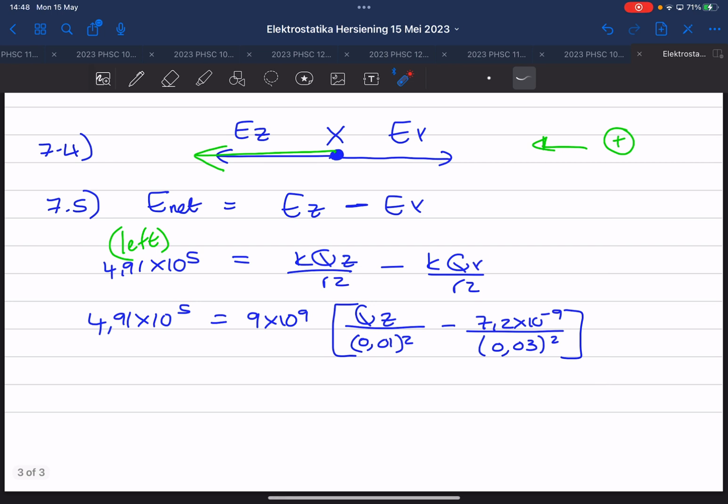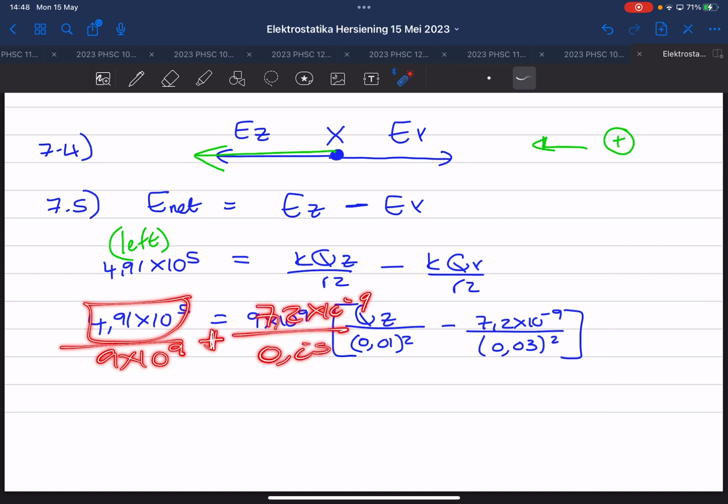Okay. Kan julle hom uitwerk? Ja, nee? You're going to take that and divide it by 9 times 10 to the power 9. Dan gaan jy dit plus met 7,2 maal 10 to the mag minus 9 oor 0,03 kwadraat.